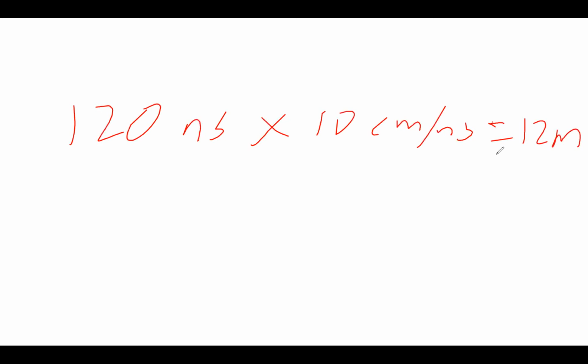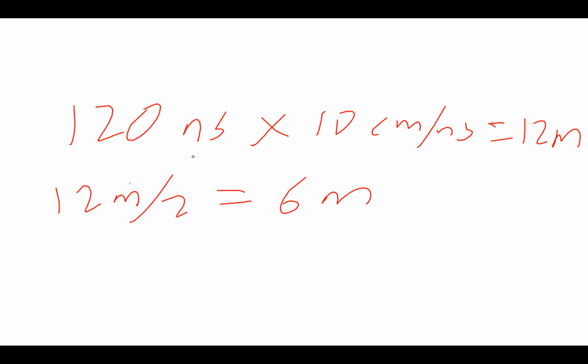Again, you have to divide that by 2, because it's 6 meters down and 6 meters back, which equals 6 meters. So you'd have to go at least 120 nanoseconds in order to see it.